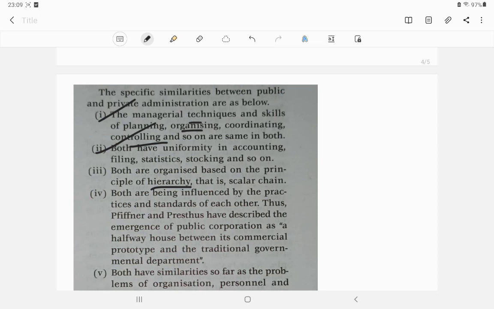Hierarchy means, for example, a public administration department has a head, the director.